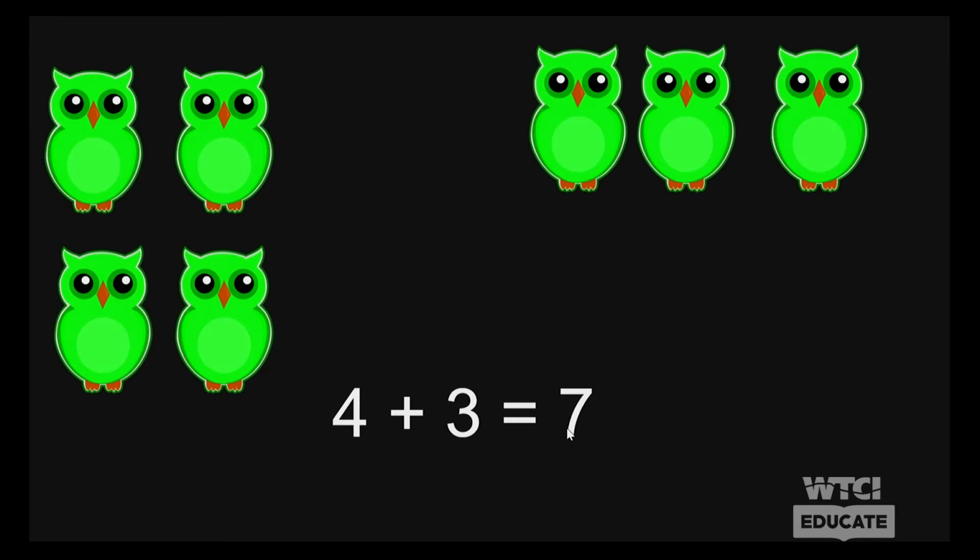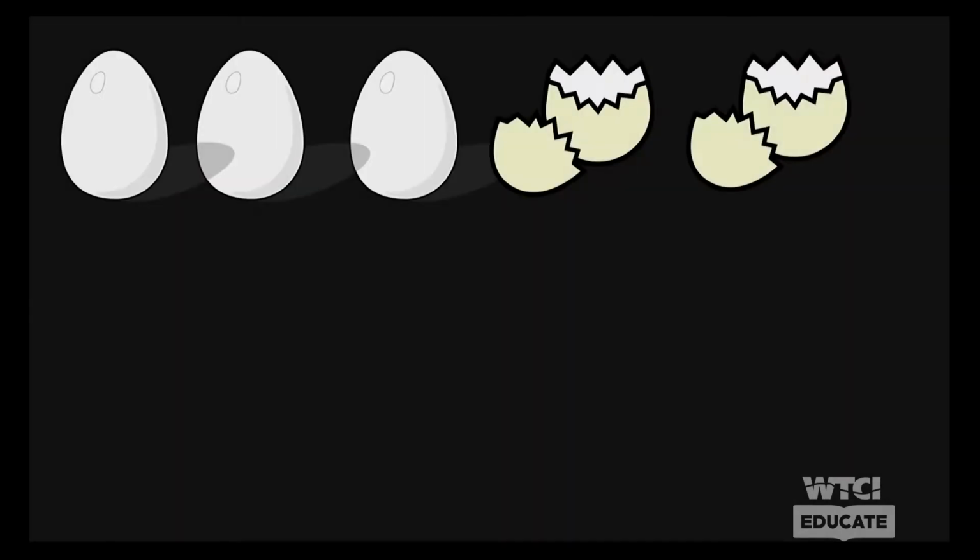Let's look at another one together. What do you see this time? How do you see it? This picture's a little different. I see a group of eggs. The group of eggs has 5, but I notice that 2 of them are broken and 3 are still left whole.